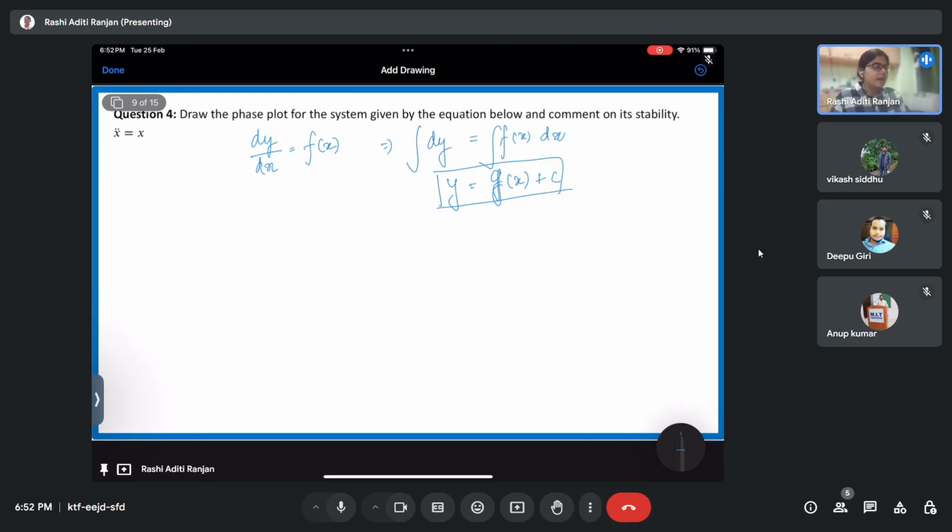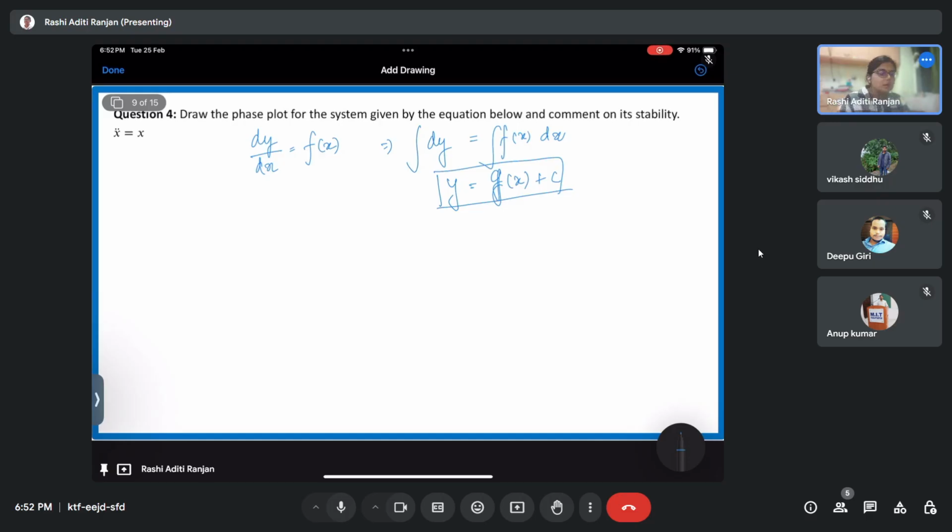This is fine for a single dimension system. But what about a two-dimensional system? For a two-dimensional system, we have a coupled equation, right? How am I supposed to solve it?